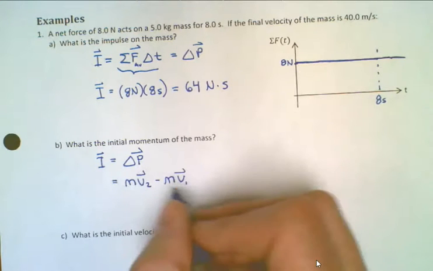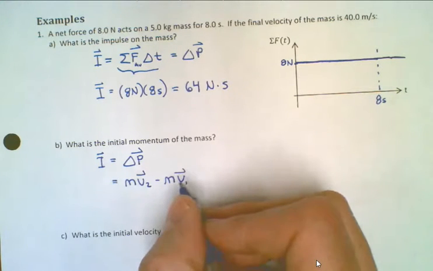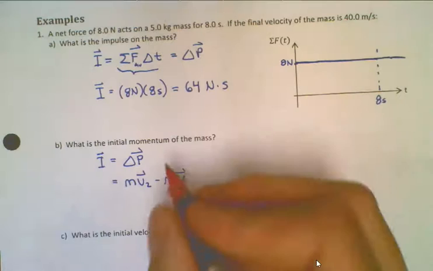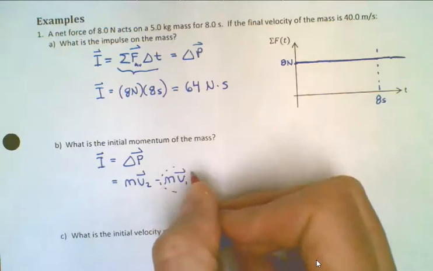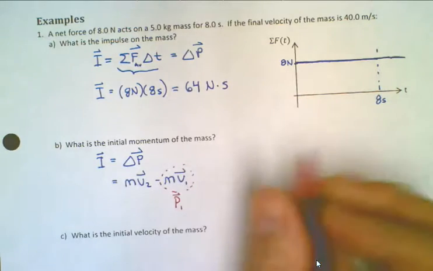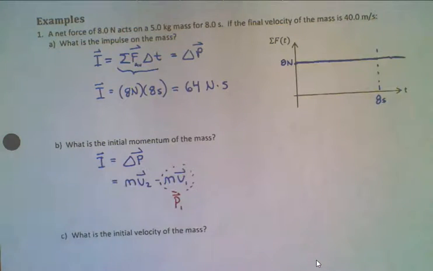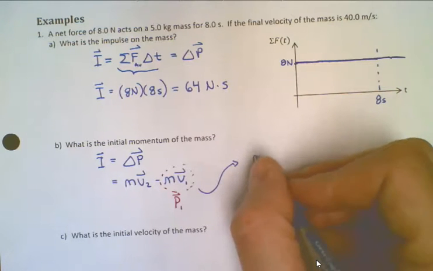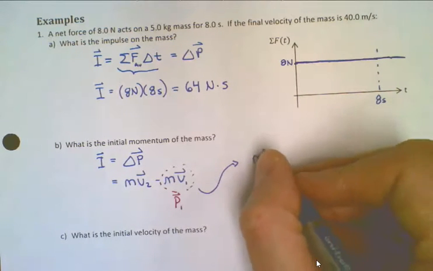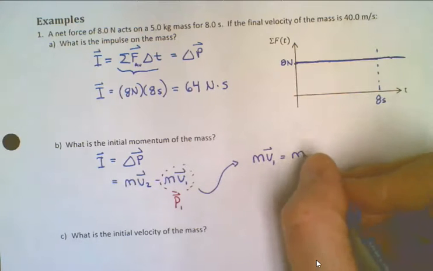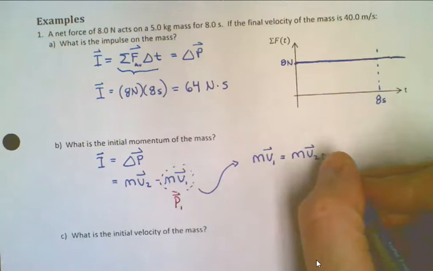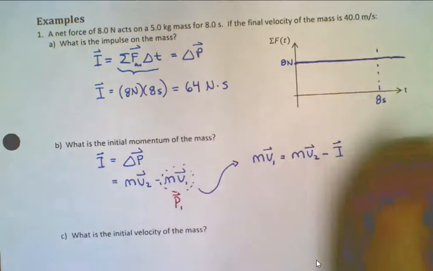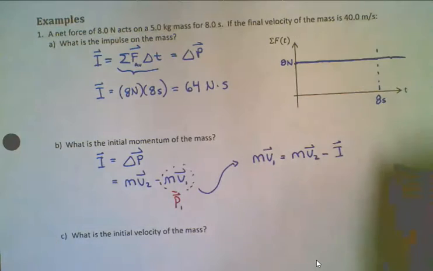This is the initial momentum right here, which is p1 vector, and the other one is p2 vector. If I rearrange this formula, I find that mv1 vector equals mv2 vector minus the impulse, or minus delta p. It's the same difference.